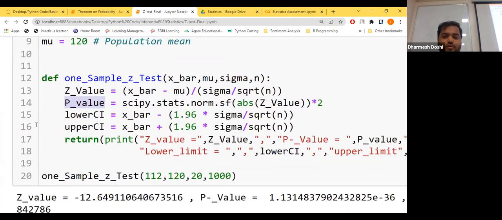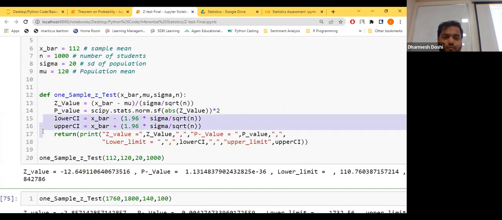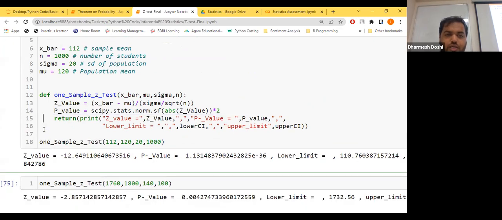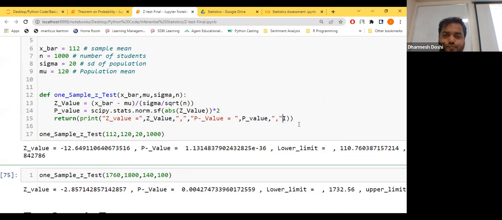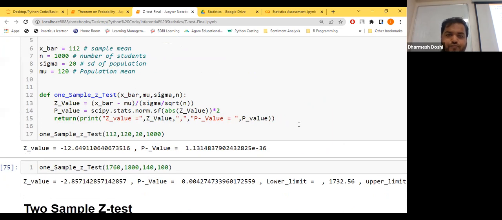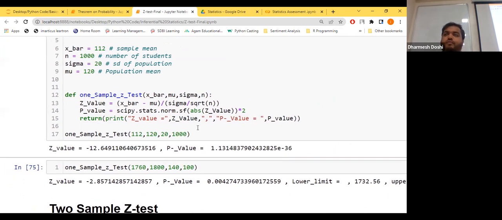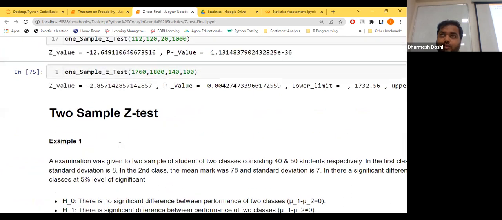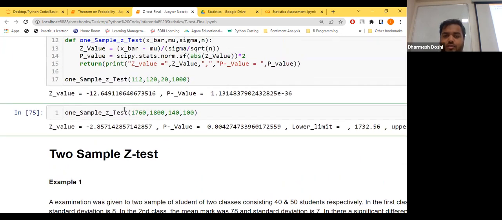Okay. This lower and upper we do not need. Delete this, which is required, the P value. We don't have it. We have it, but the answer is not exactly matching. The way it matches for the below, for one sample, it's not matching exactly.